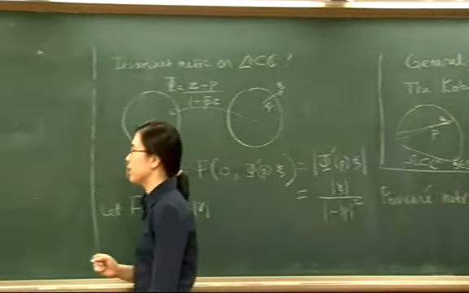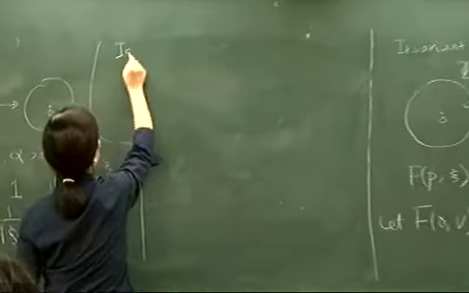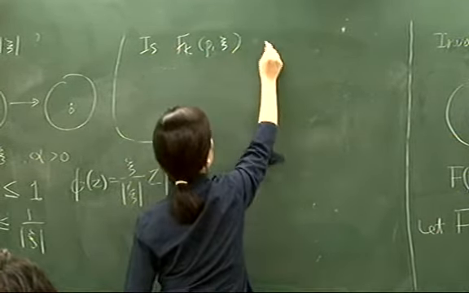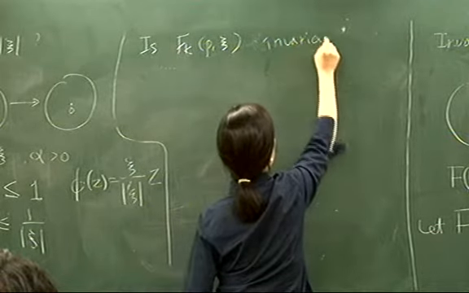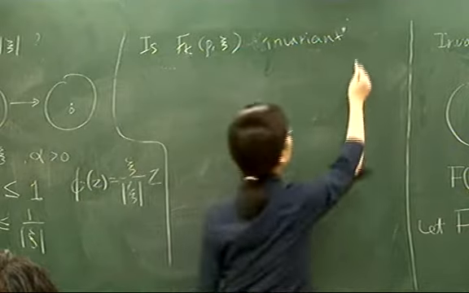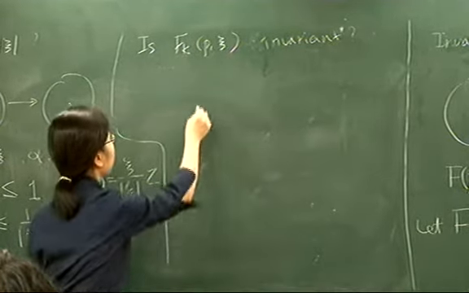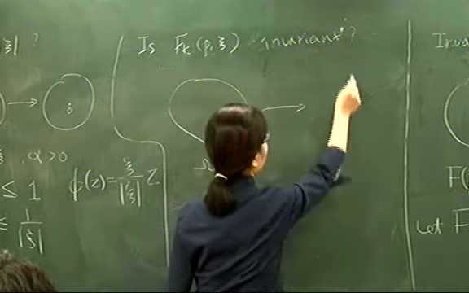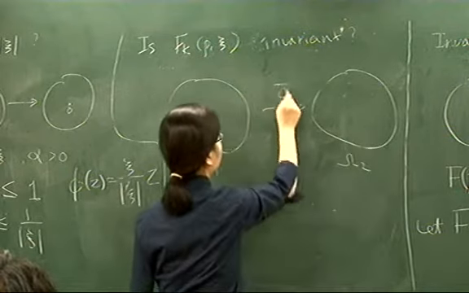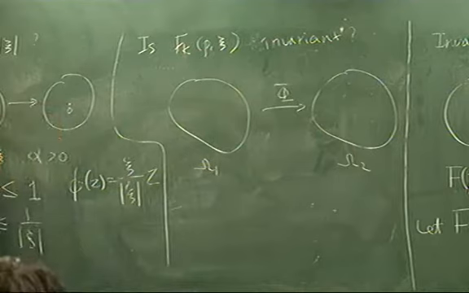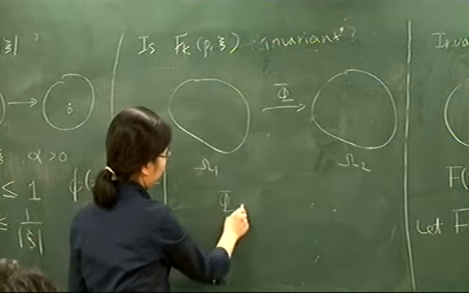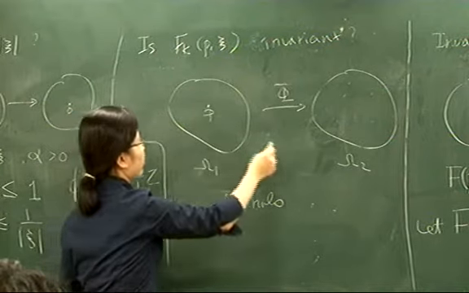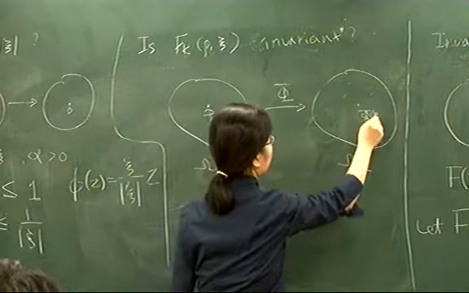And is F_K biholomorphically invariant? Under biholomorphic mappings? Well, yes. Say you have a domain Ω1 and another domain Ω2, and say φ is not necessarily biholomorphic, but some holomorphic mapping. Say p is here, and φ(p) is over here.